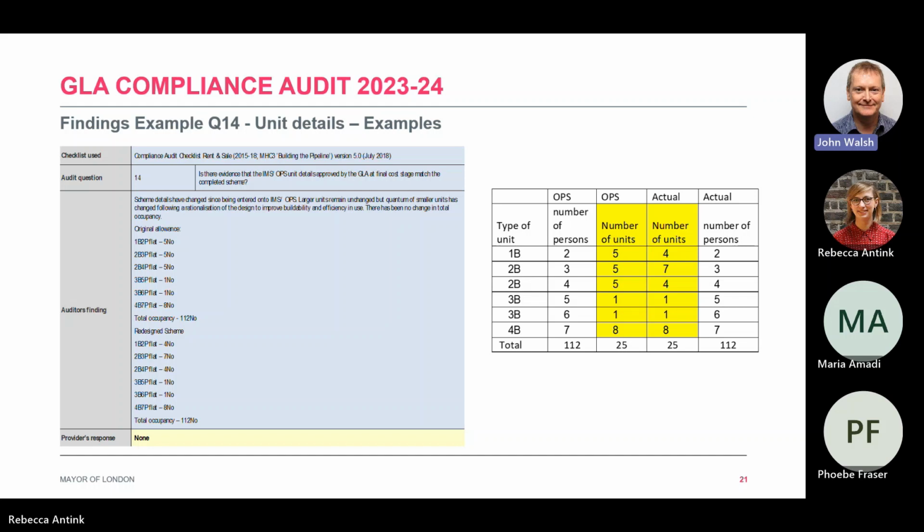And we've got a couple of examples here. The one on the left does provide us with relevant information from the auditor about the fact that there are differences between the original approval and the scheme delivered at final cost stage. But it's not immediately obvious where the differences lie in terms of the unit size mix delivered on this scheme.